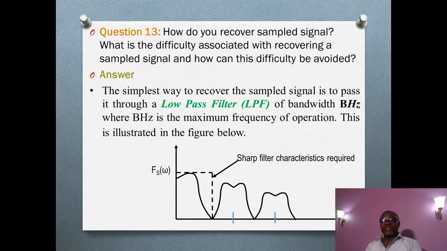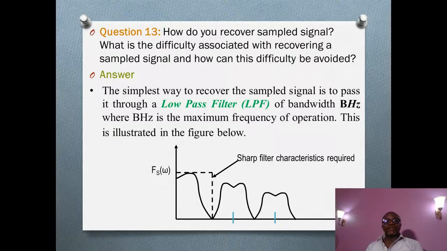When we sample at a rate lower than the Nyquist rate, the signals start overlapping. When we sample at a rate far higher than the Nyquist rate, we have so many samples or so many results, which will require a big storage device to be able to capture all of them.